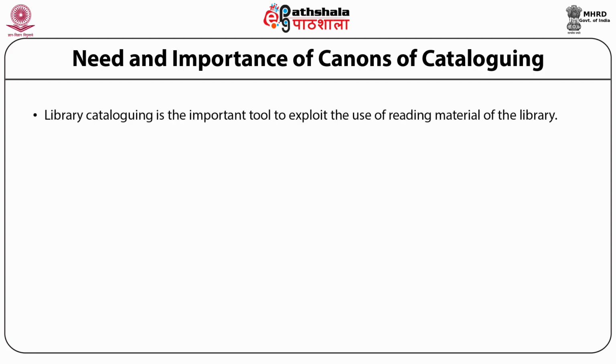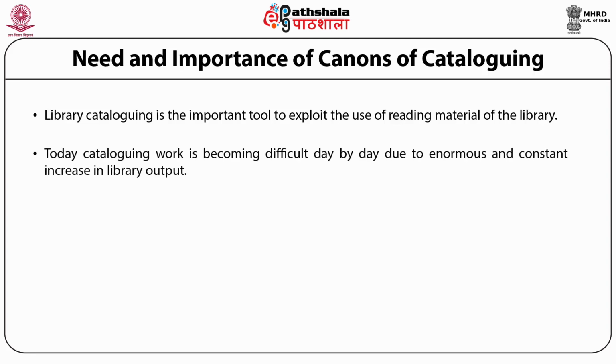Need and importance of canons of cataloging. Library cataloging is the important tool to exploit the use of reading material of the library. Second, today cataloging work is becoming difficult day by day due to enormous and constant increase in the library output. Third, the title pages of all the books are not standard, or we can say not uniform.